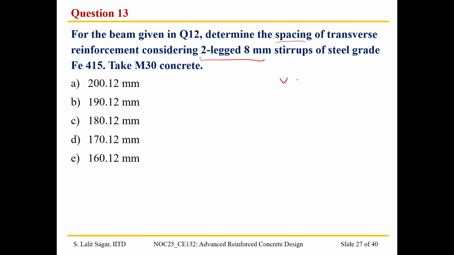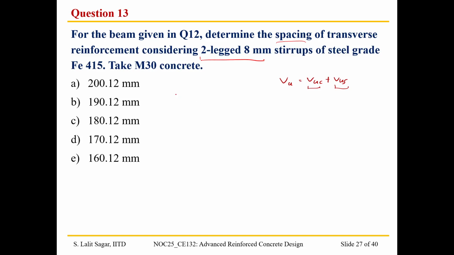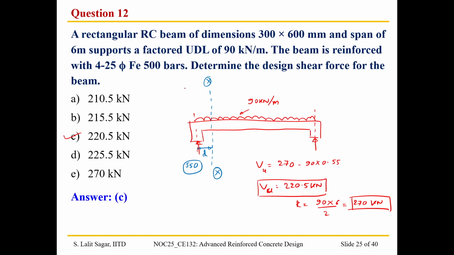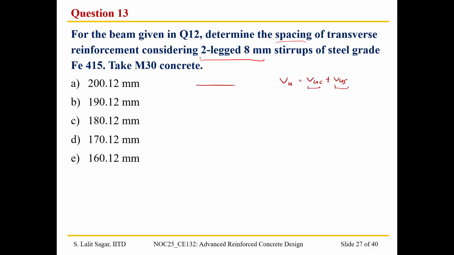We know that VU is equal to VUC plus VUS, where VUC is the contribution from concrete and VUS is the contribution from the shear reinforcement. The cross section is not given here.